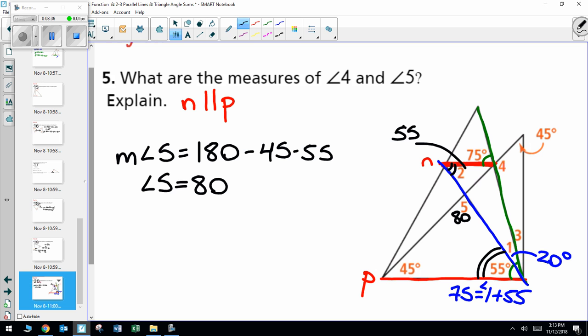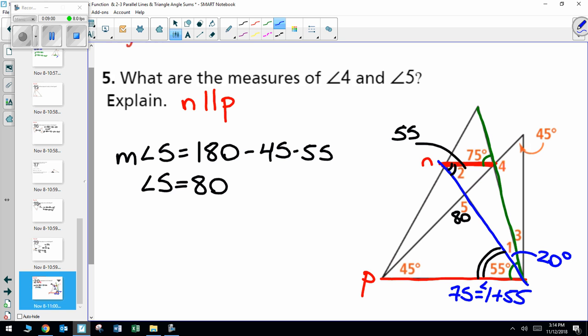Now I also need to know the measurement of angle 4, and I'm also going to find the measurement of angle 3 because we found the other one, so why not this one as well? You have to look closely to pick out triangles here, and then use some knowledge of lines to find missing angles.